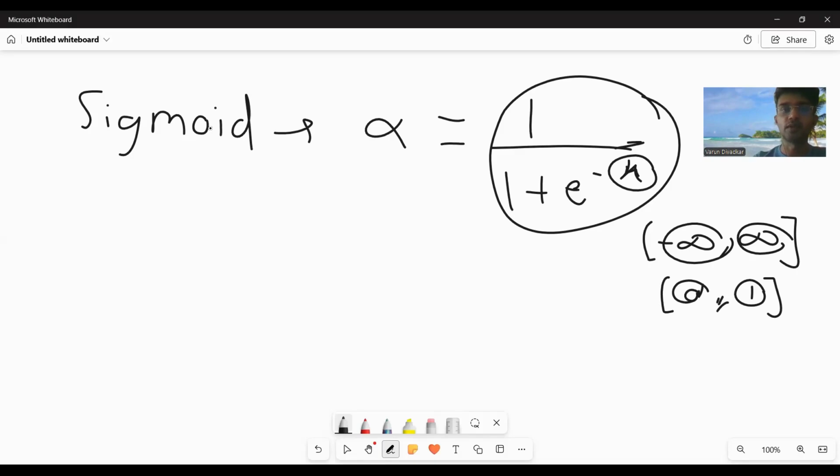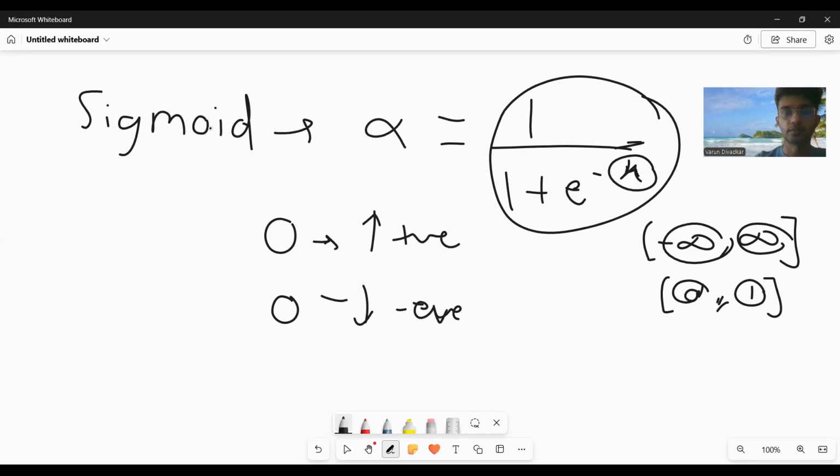So where does this sigmoid function prove useful? Let's say you have two values at the output nodes. Let's say this is a highly positive value, and this is a very low negative value.